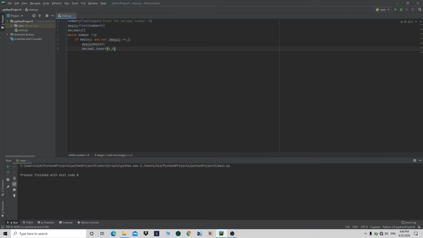First I'm going to write the program line by line. Elif, if the number is not 0.5 and the number is less than 1, then this will follow, and we're going to insert 0.